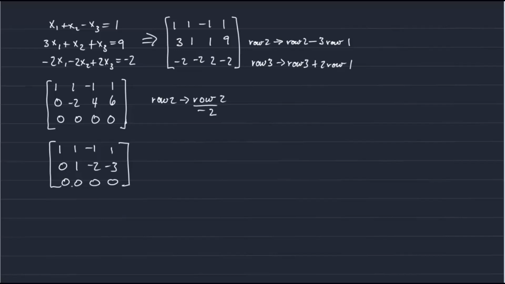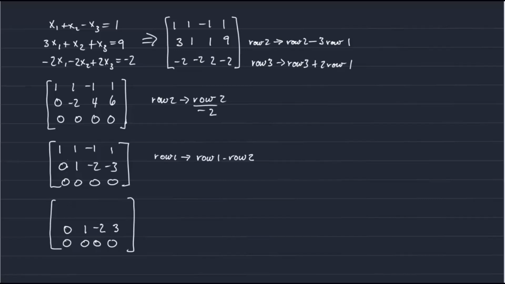So the bottom row is complete, the second row is complete, and now we transform row 1 by subtracting from it row 2. So again, our bottom row is intact. We don't need to do anything to that, as is our second row.